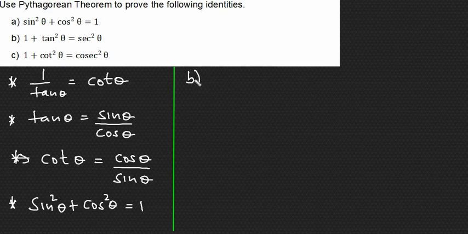So then when we talk about 1 plus tan squared equal to sec squared theta, we have to start from this identity. That is, since we proved that sine squared theta plus cos squared theta equal to 1. So what I'm going to do, since it is a tan, here I'm going to divide with a cos, because sine over cos is tan.